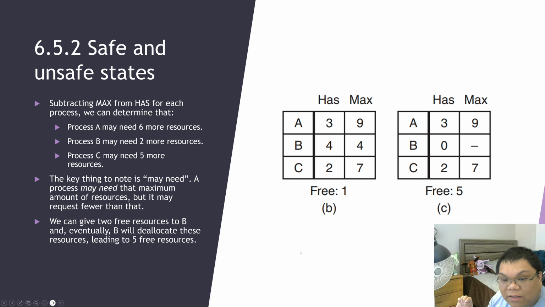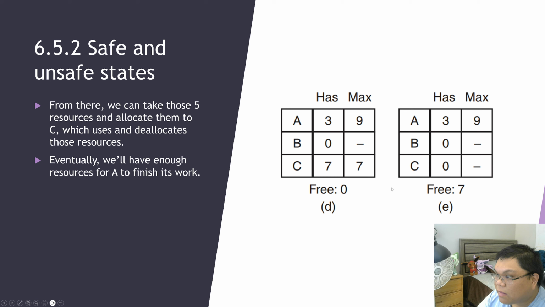So at this point, we're simulating what would happen in the future. We give 2 resources to process B, and it's going to terminate and release all of its resources eventually. We can take those 5 resources and give them all to process C. It's going to terminate and release those resources eventually. And now we're going to have enough to fulfill process A's request.